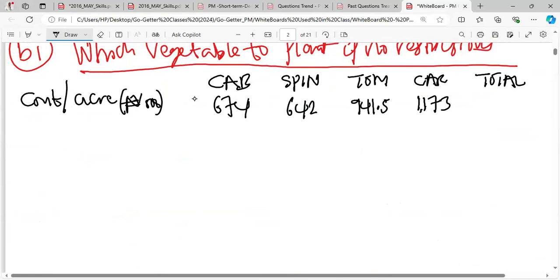You are told that sales constraint is not a problem. There is no sales constraint, no land restriction. You can plant anything anywhere. Which of these will you plant?